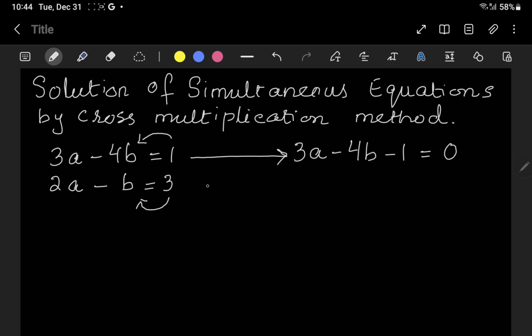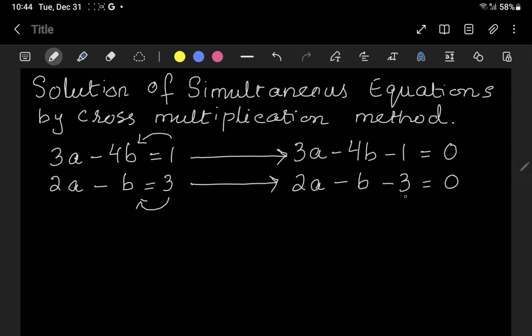This is equation number 1. The next equation is also like that: 2a minus b, again 3 moves to the left and its sign becomes minus 3 is equal to 0. Now we have these two equations and we have to solve them by the cross multiplication method.